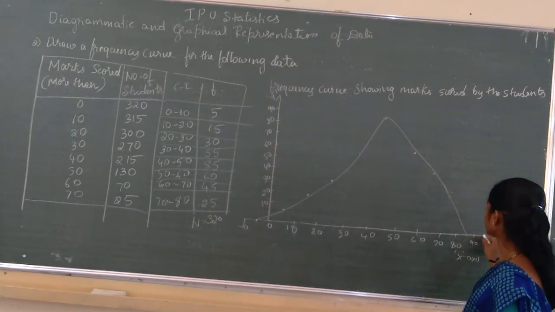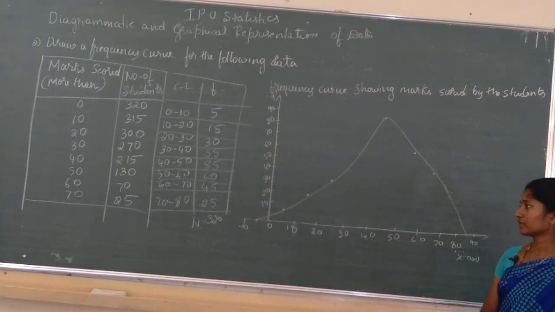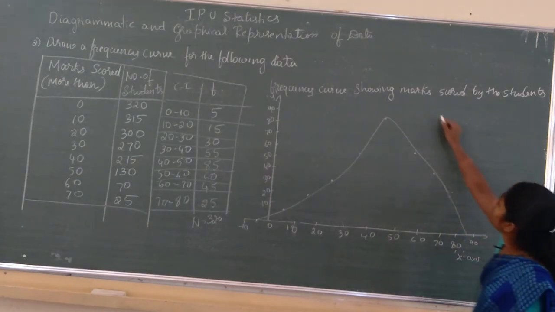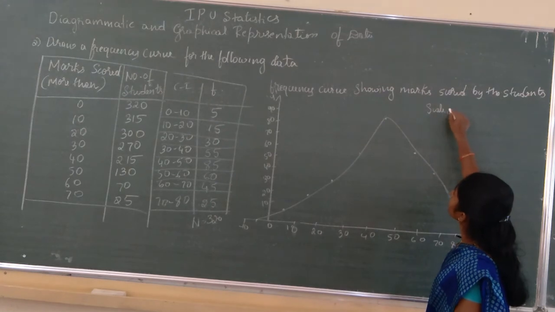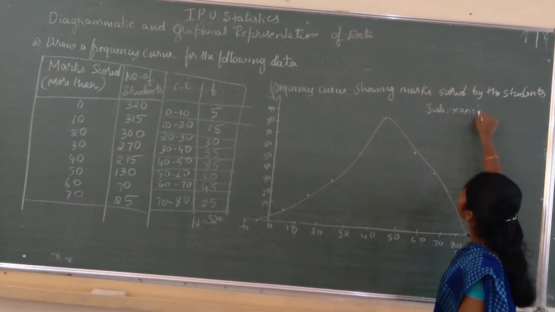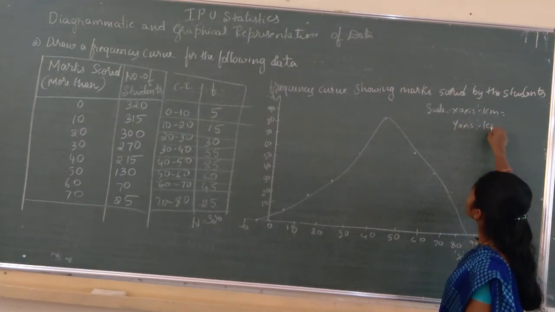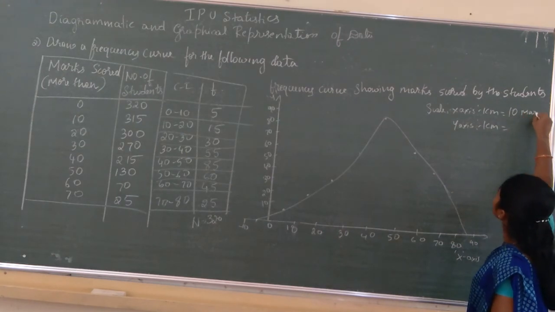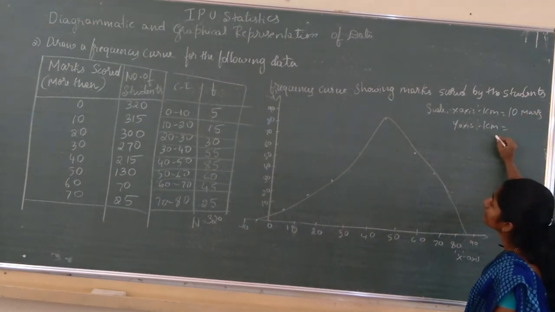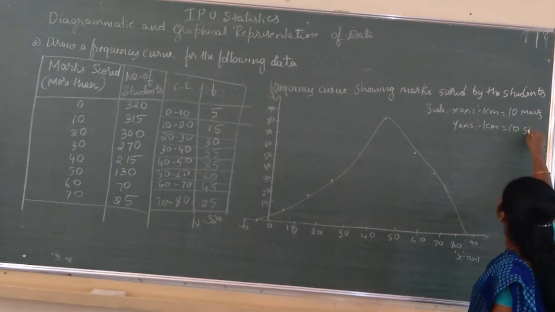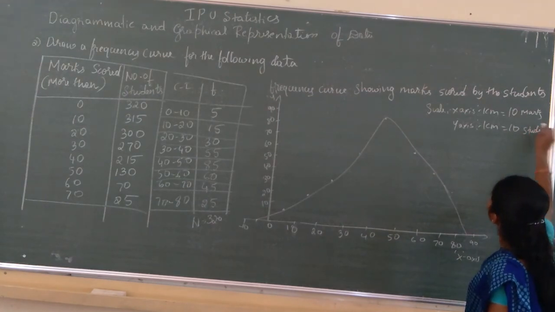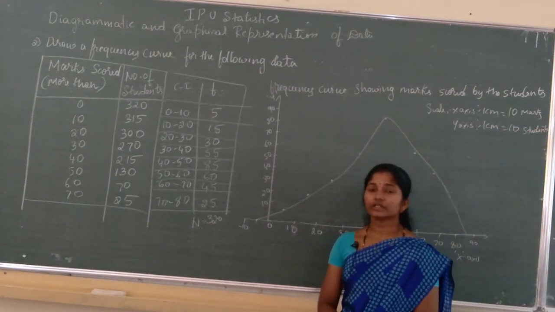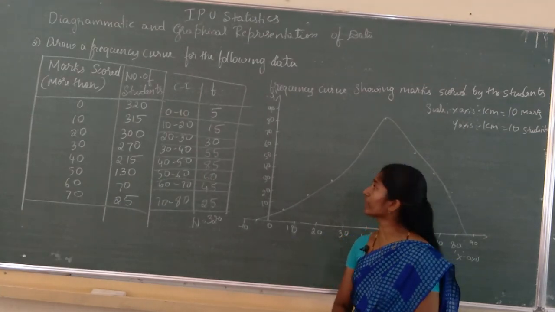Okay, like this way. Scale: x axis 1 centimeter, y axis 1 centimeter; here 10 units or 10 marks, and in the y axis 10 students.